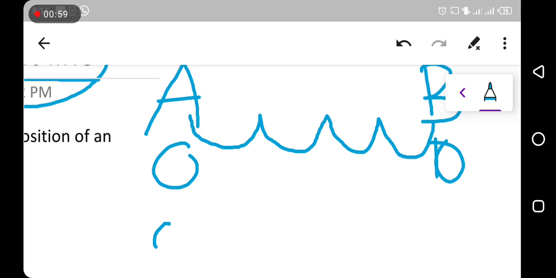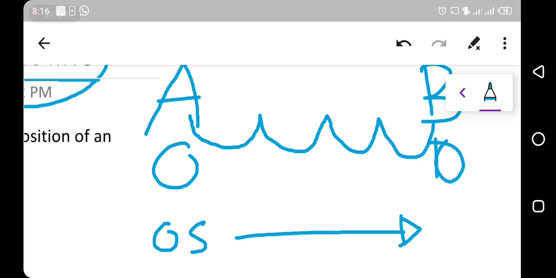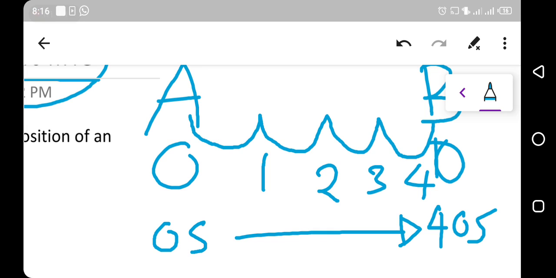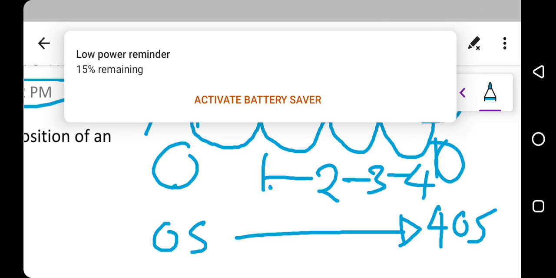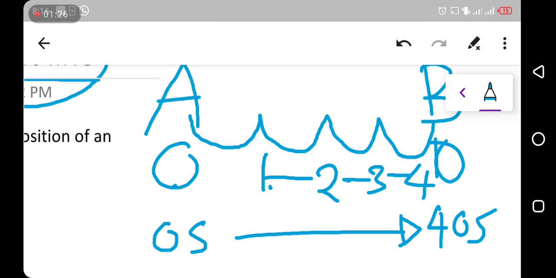Consider we have 0 seconds at the start and 40 seconds at the end. In step number 1, the position changes from the origin, and then to step 2, step 3, and step 4. So we see that the position changes continuously, and the time changes from 0 to 40 seconds.